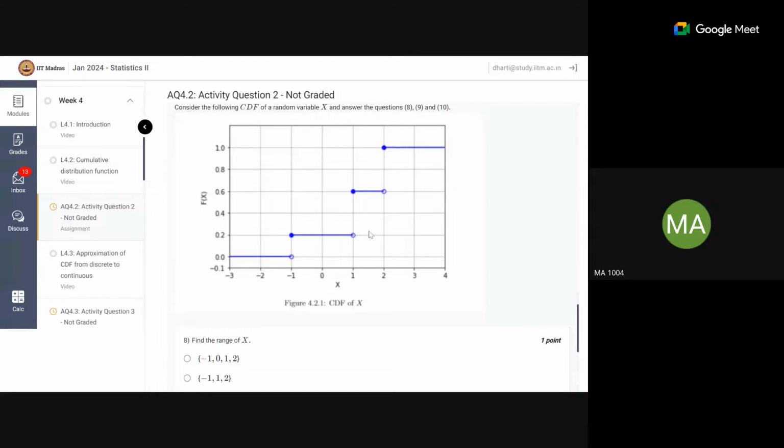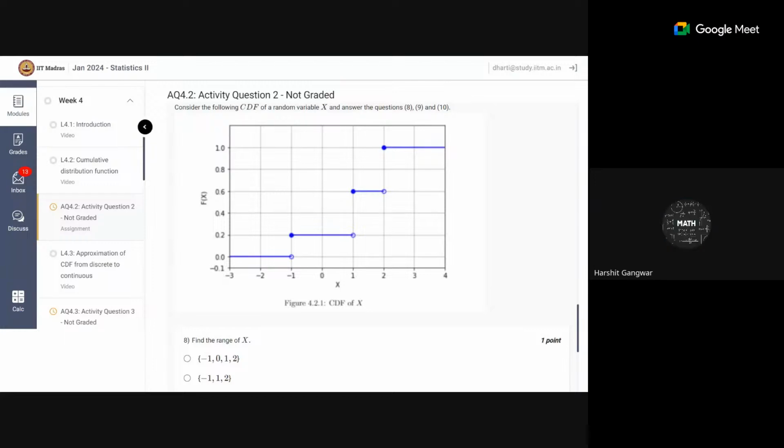Then at 1 to 2 it became 0.6. Can anyone tell me what is the probability for this particular example at x equal to 1? That is also one concept in week 4.